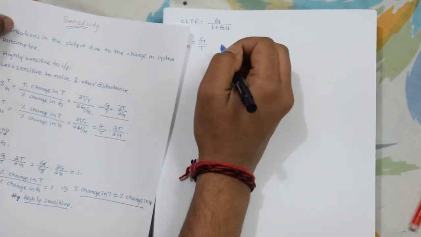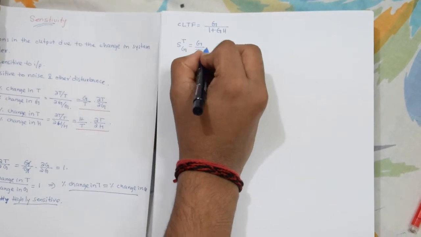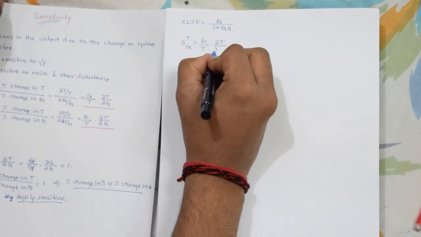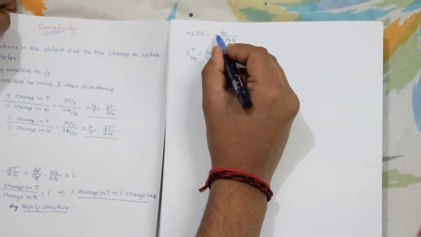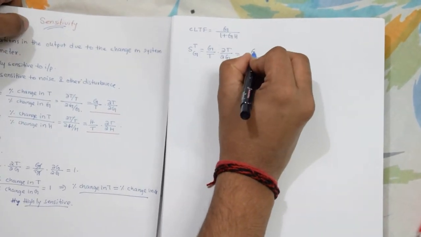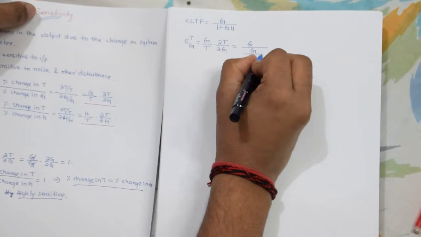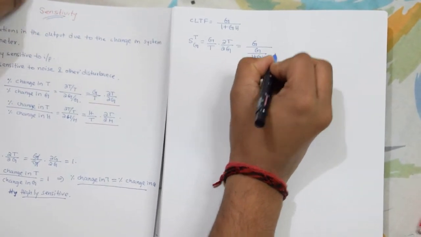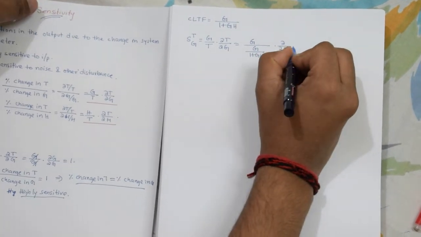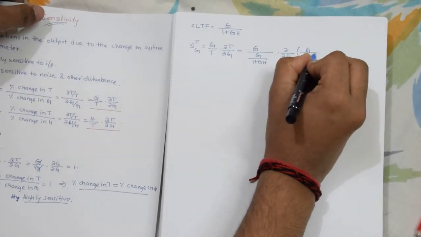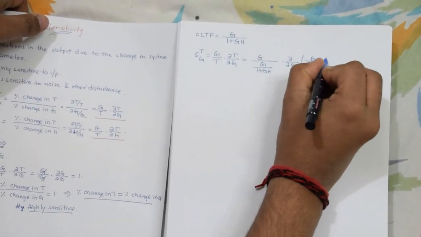So we write this formula only, G/T into ∂T/∂G. We put the value of transfer function here. So it is G/(1+GH) into ∂/∂G of G/(1+GH).